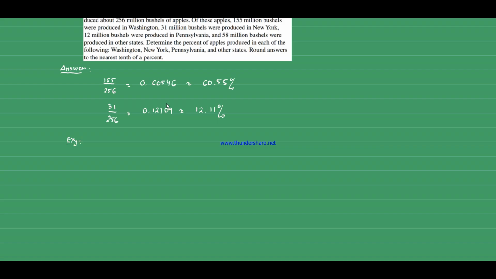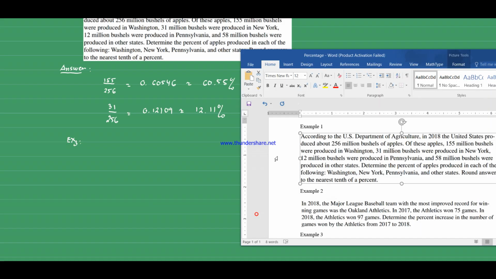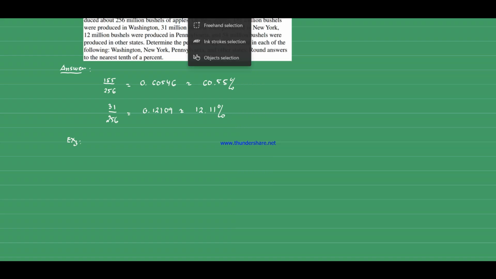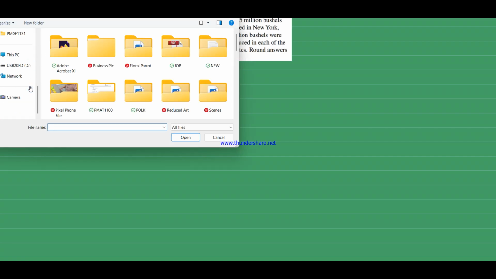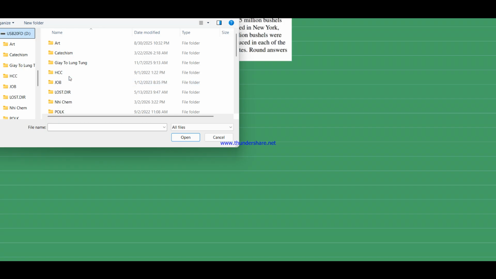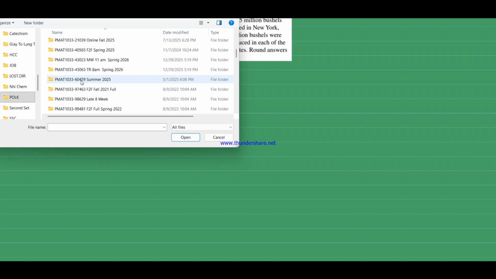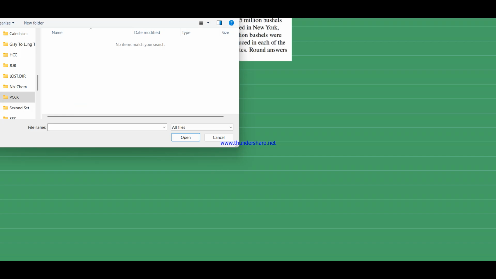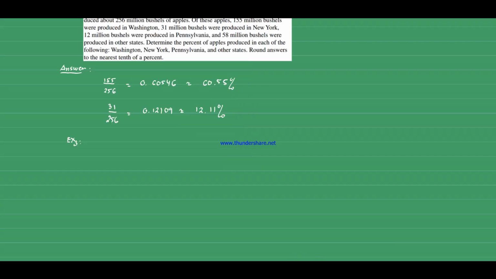Let's see. Example number 3. It's very bad that I cannot move it right away. Let's see. I can do something like this. No, it doesn't work because it requires a picture. That's bad.